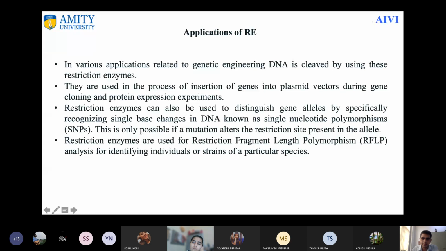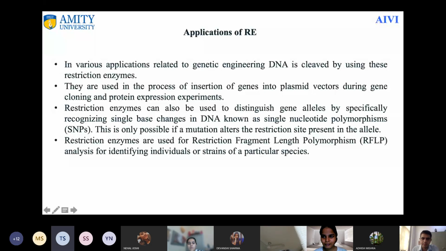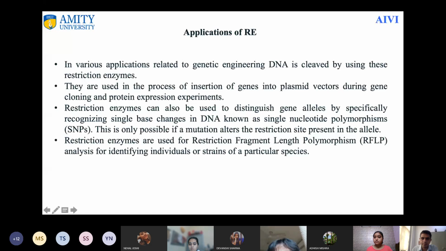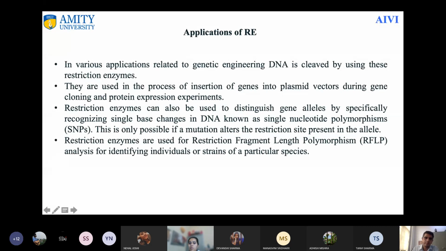Sahiba, present, sir. Ishita, present, sir. Amrita, present, sir. Tanvi, present, sir. Yukta, present. Yukta, your camera is not on. Ayushi, present, sir. Vivek, present, sir.